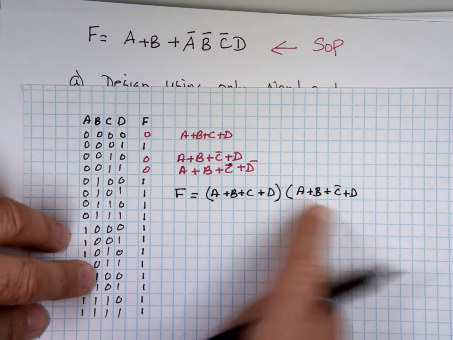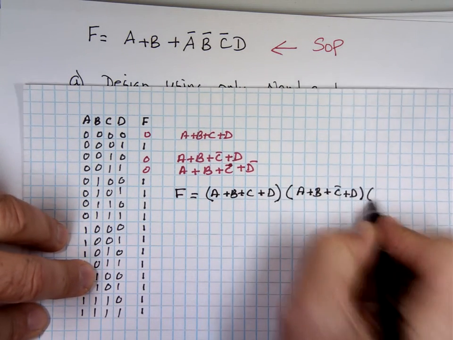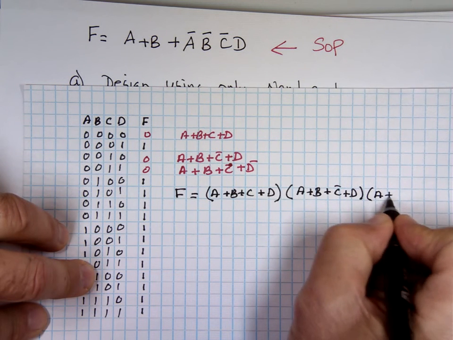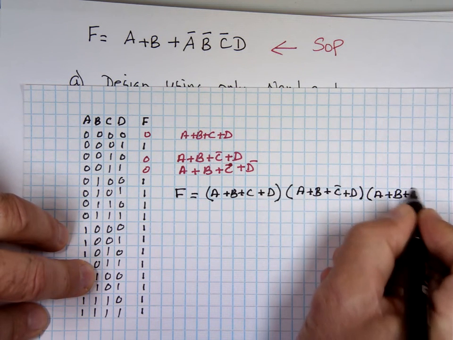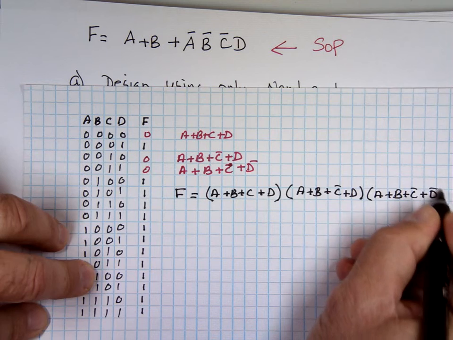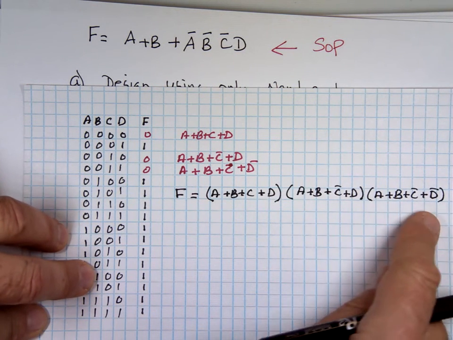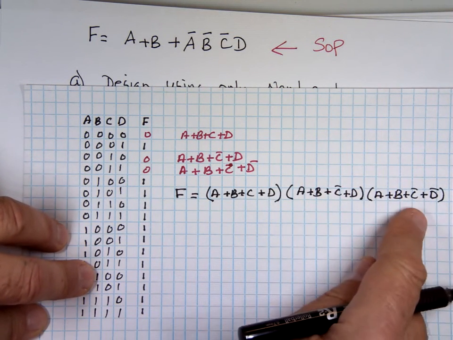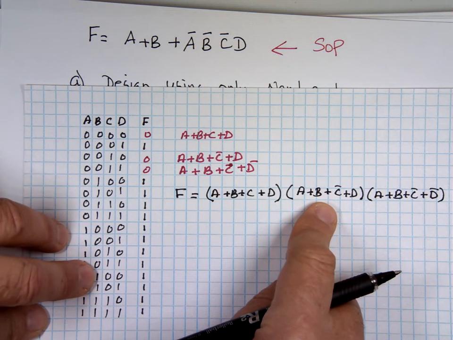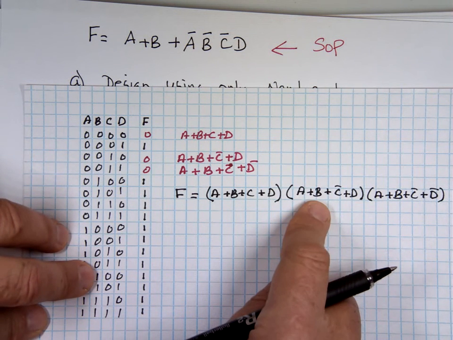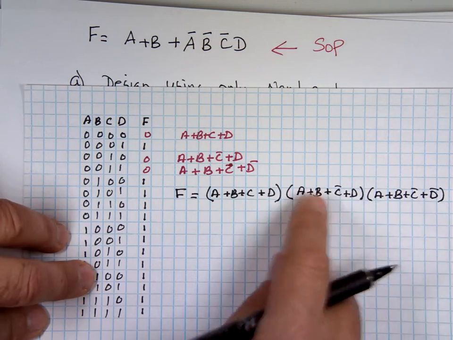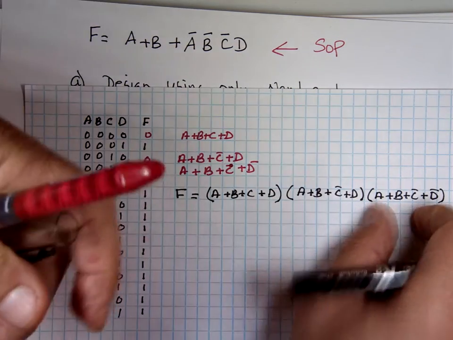And A plus B plus C bar plus D bar. Darn it. I can also simplify these two, right? So maybe I should write this one twice. Because if you write it twice, it allows you to simplify this one. If you just use it with this, then this one is left alone. So notice I'm going to recopy this one.